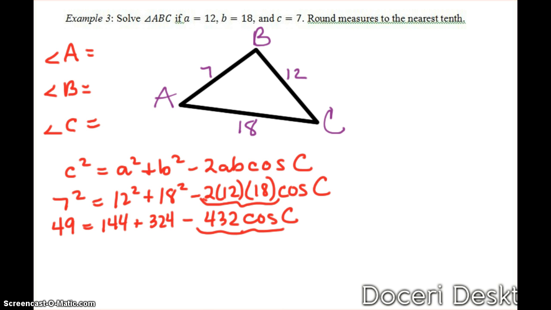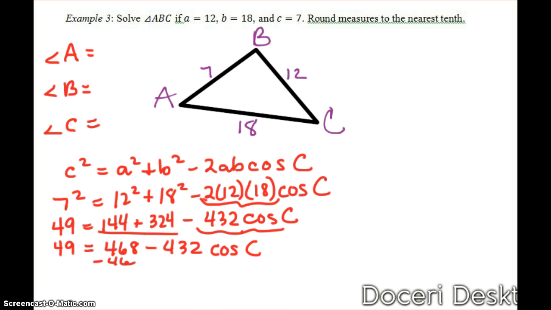It's going to have to stay with the cosine for a little while. But I can add those two together. That gives us 49 equals 468 minus 432 cosine of C.